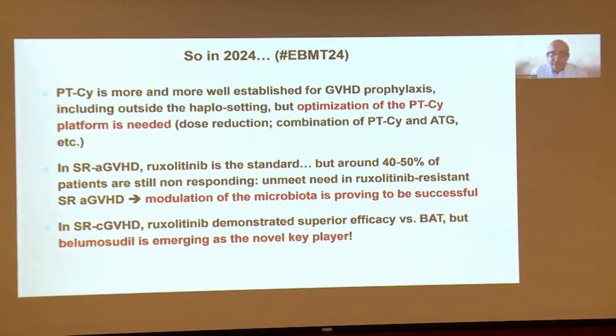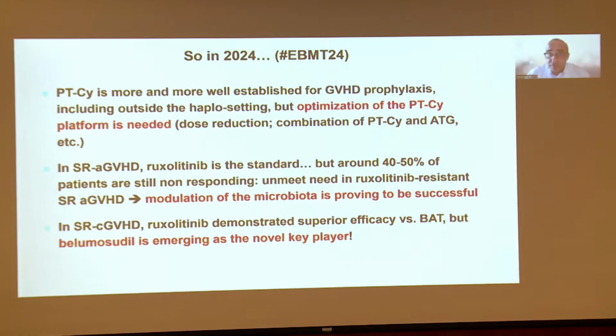In the steroid refractory acute GVHD, we have ruxolitinib, very well established, but unfortunately, we have patients who will not respond to ruxo, who will be resistant to ruxo, and this is why you need other options, and modulation of the microbiota is proving to be successful, and hopefully we'll get some good news in the next few months.